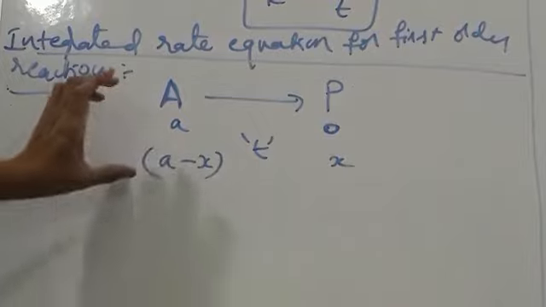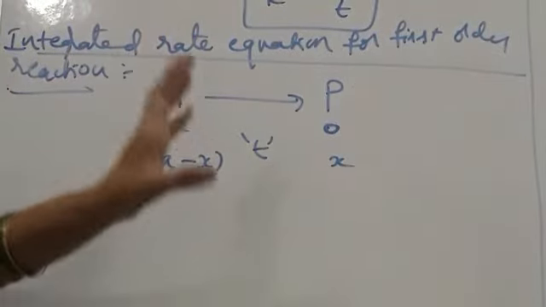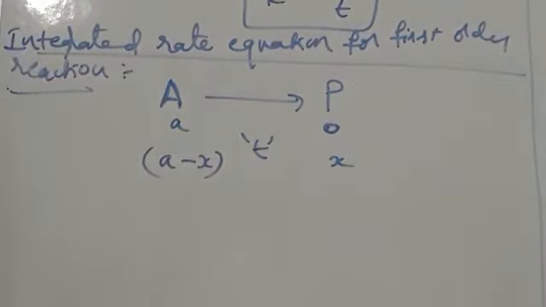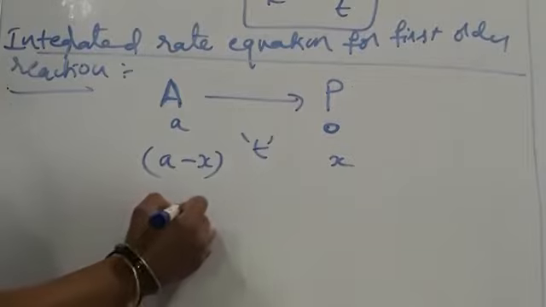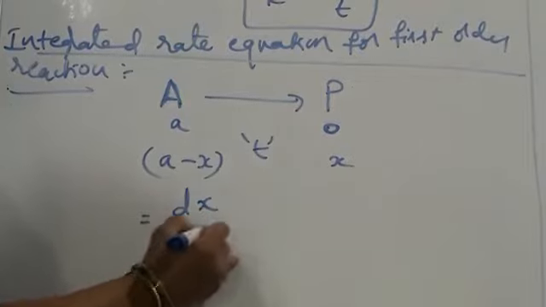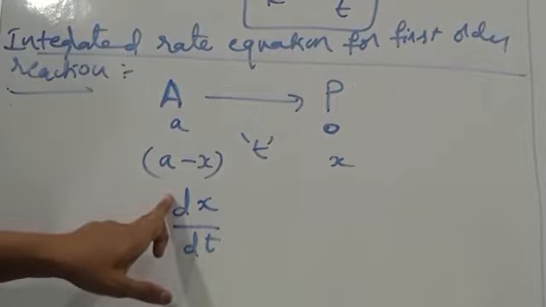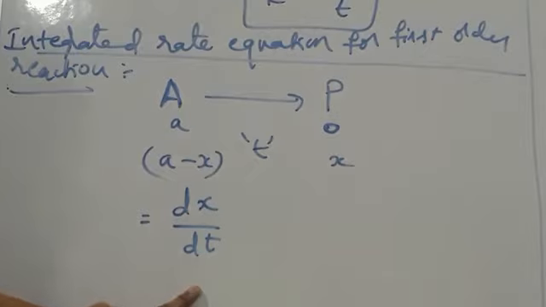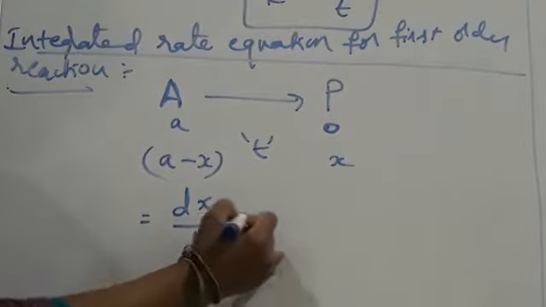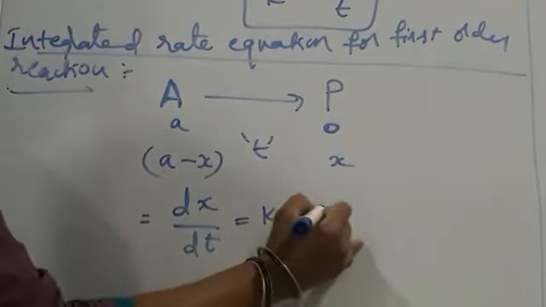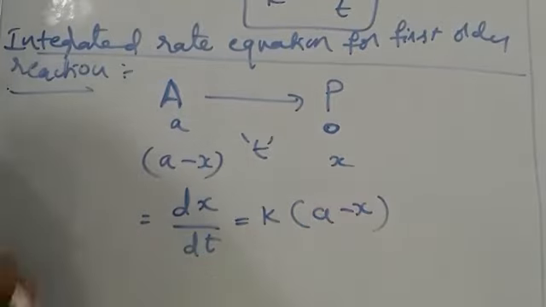So, we can write rate of the reaction at time t now. Okay. So, rate of the reaction at time t, that is equal to dx by dt. So, what is rate of reaction? Change in concentration in unit time. Okay. So, that is equal to K into a minus x.